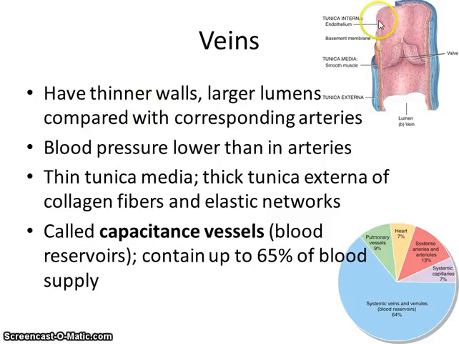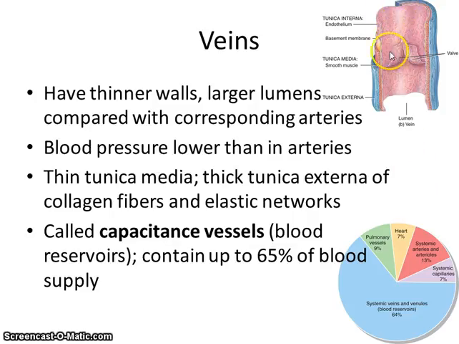So compared to arteries, veins have much thinner walls, a larger space, and much less pressure. In fact, the pressure is so low that you need valves. Remember, valves prevent backflow. So what happens is you'll have pressure on the vein, blood will move up, and it'll go through that space.